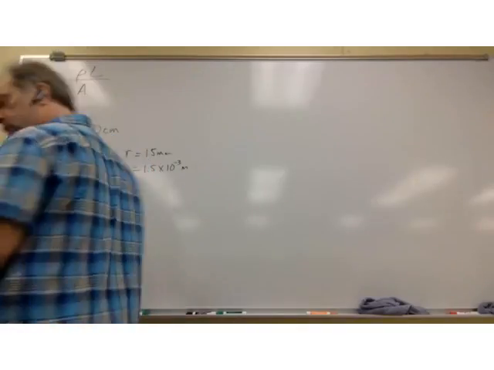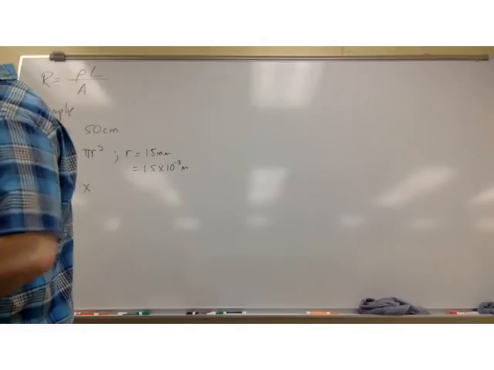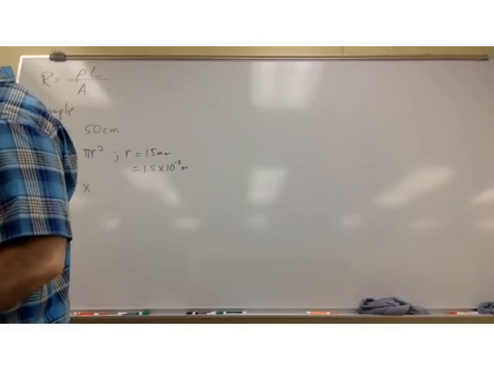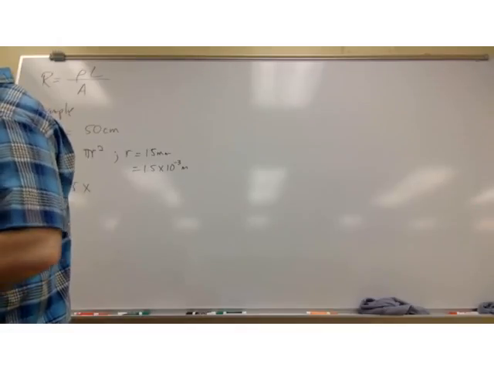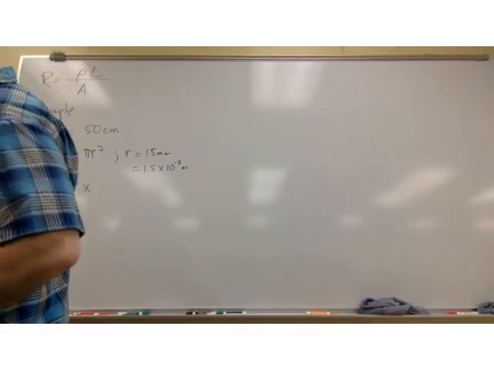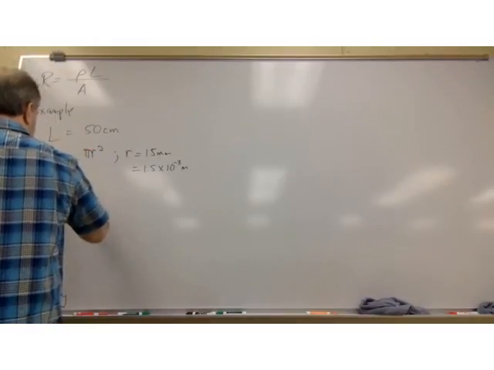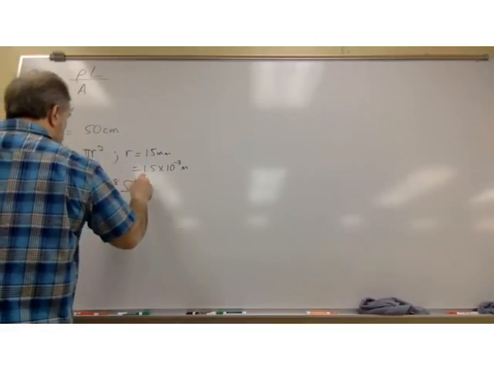Is it 1.7? Let's look that up real quick. I don't want to lie to you. Let's see. Resistivity of copper was 1.7. There we are. 1.7 times 10 to the minus 8 ohm meters.